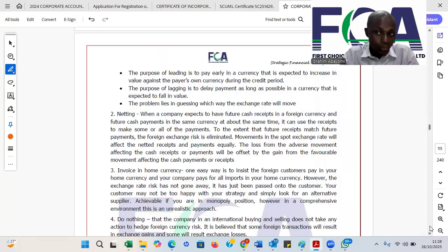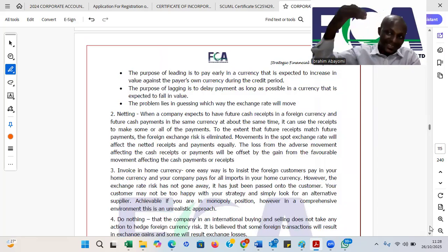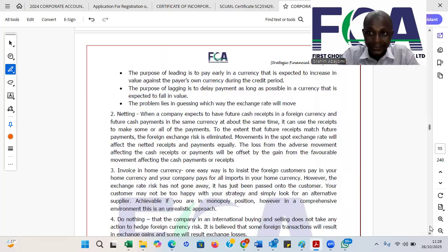So before you can use it satisfactorily, your transaction must account for a good percentage of the supplier's total revenue, so that the supplier does not want to lose you to a competitor. Let's say your purchase is like 30% of the supplier's annual revenue. No supplier wants to lose a customer that is accounting for 30% of his revenue per annum.